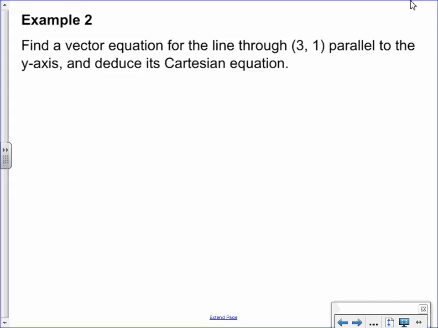So we need a point, we need a slope. What do we have? It's undefined. So what, we have the position vector, don't we?